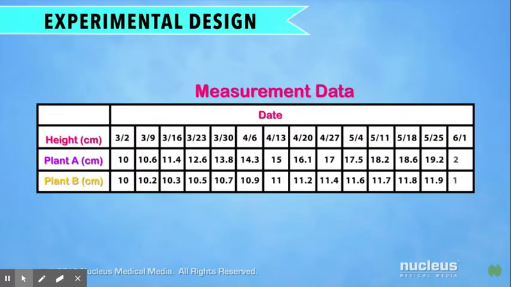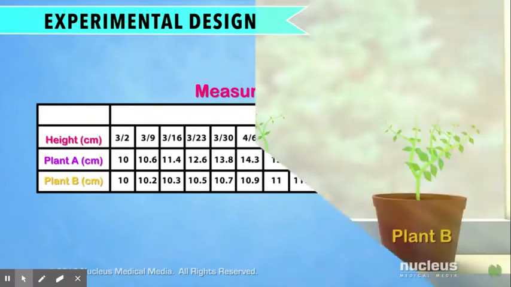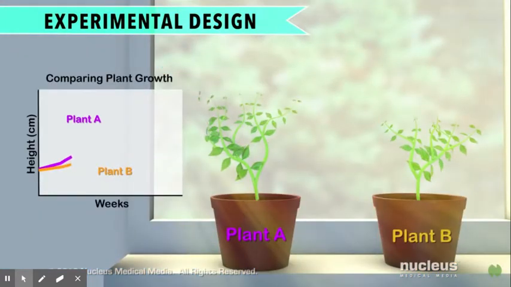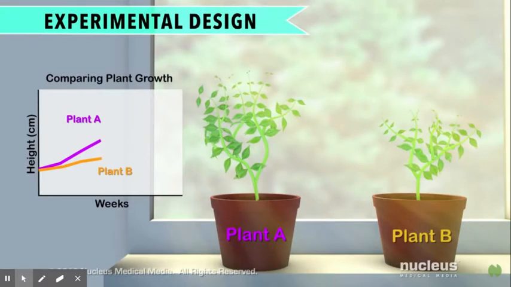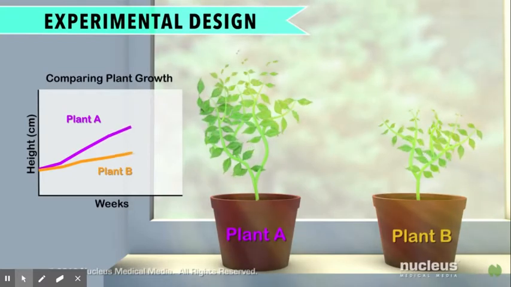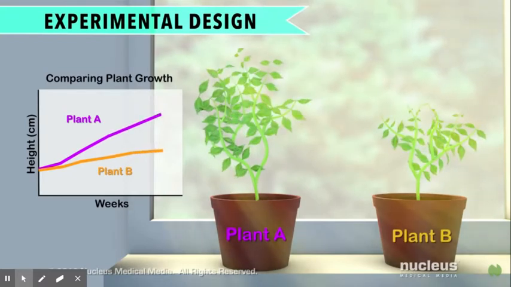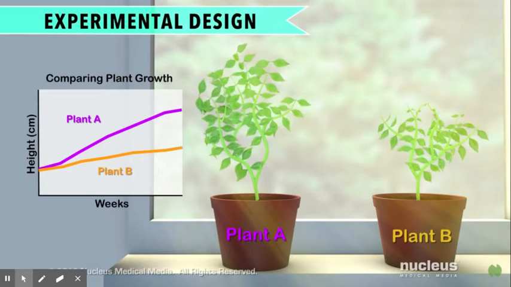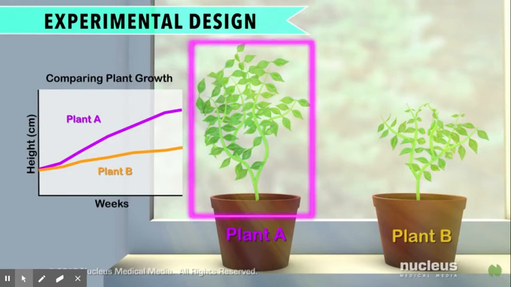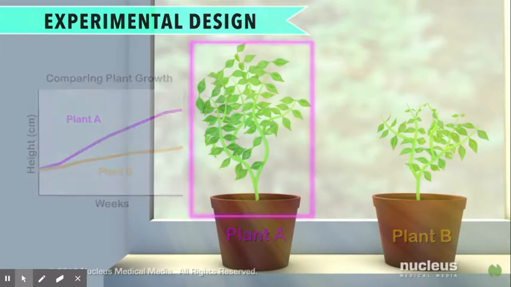These measurements are your data. At the end of the experiment, you would look at your data and compare the measurements of plant A, which got fertilizer, to plant B, which didn't get fertilizer. As you can see, plant A did grow bigger than plant B, so it appears that the results of this controlled experiment support your hypothesis.